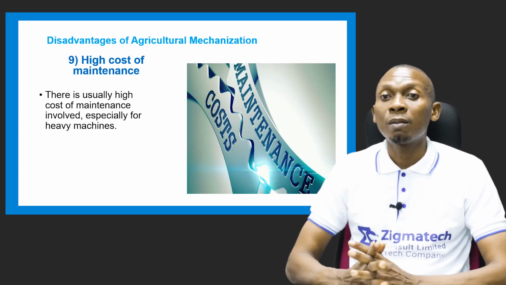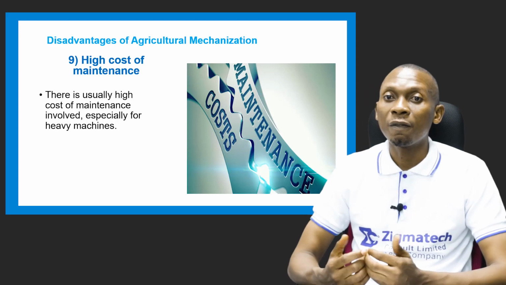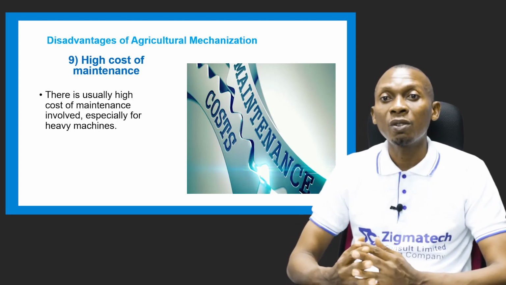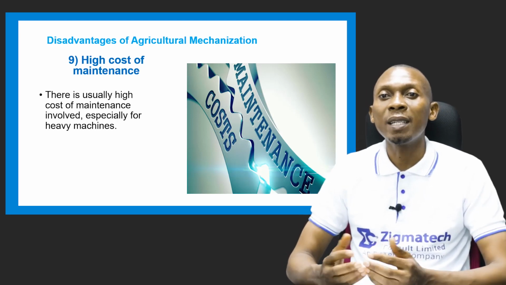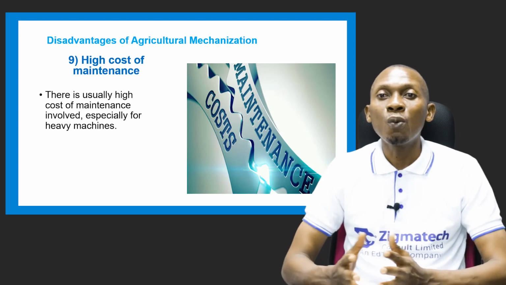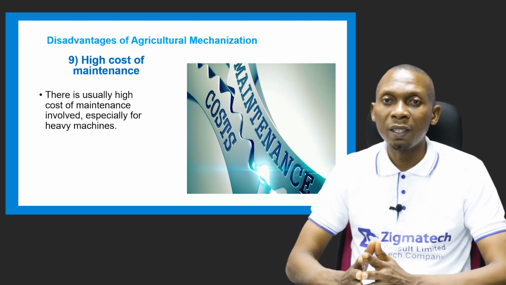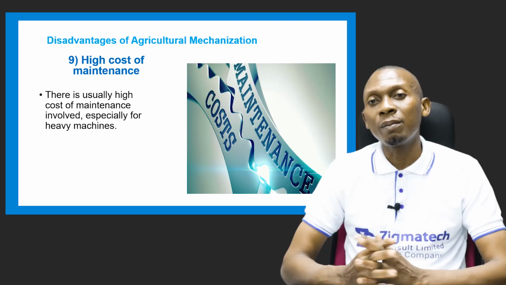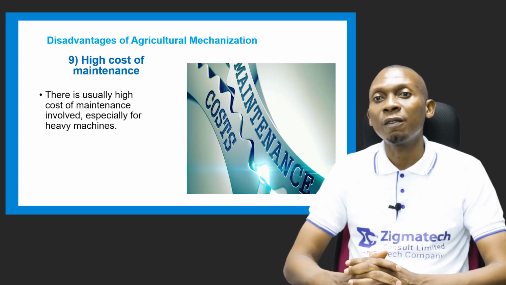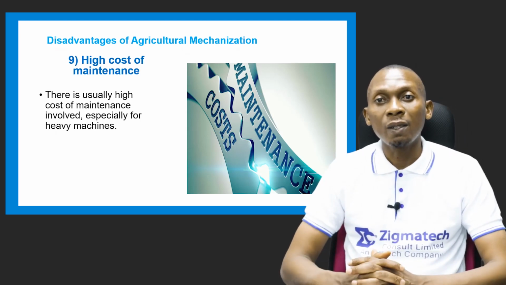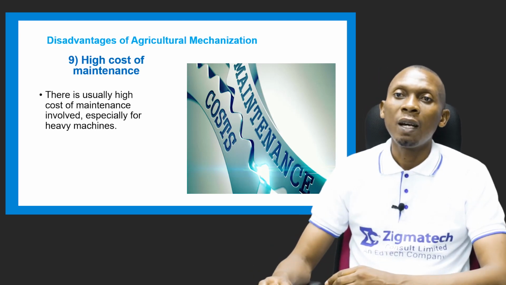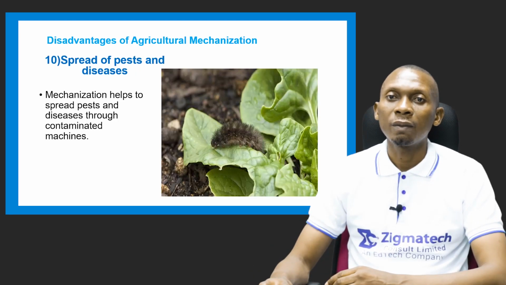Now, these machines are subject to wear and tear. In the course of usage, they begin to depreciate or deteriorate, so they need to be maintained in order to keep up their level of efficiency. And to maintain these machines is expensive, so that's another major disadvantage of agricultural mechanization.